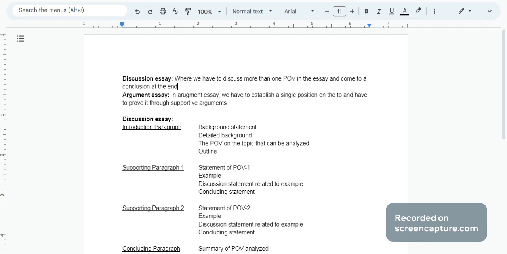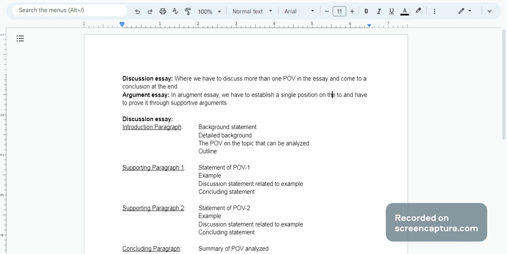So for summary, in a discussion essay, you discuss more than one point of view, and in an argument essay you take a single position on a topic. Sorry, I wrote it wrong here.